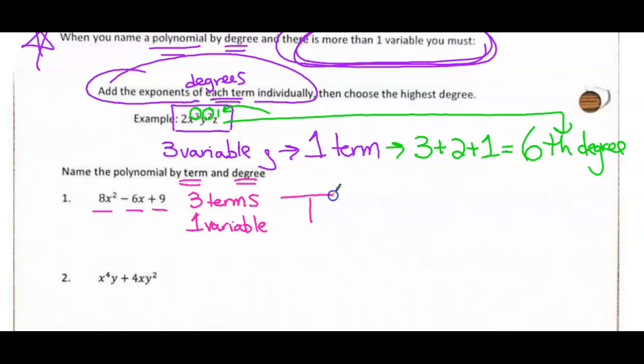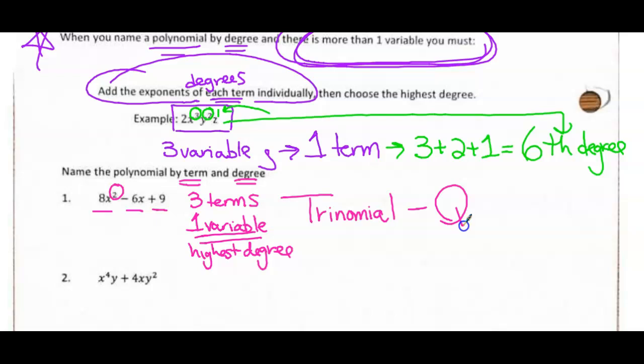This is called a trinomial. Trinomial because it has 3 terms. When you name it by degree and it has one variable, you're looking at the highest degree. And the highest degree on this one is a 2. So if you turn your chart over, when the degree is 2, this is called quadratic. Okay?